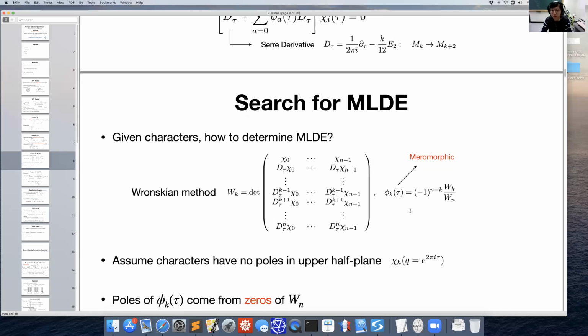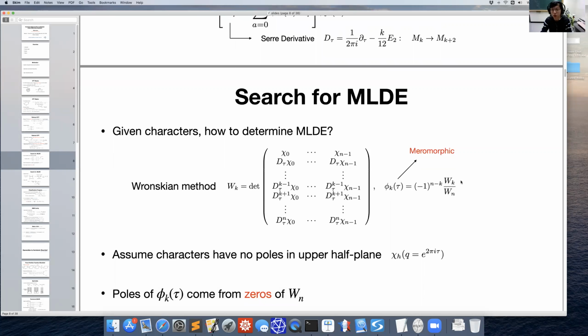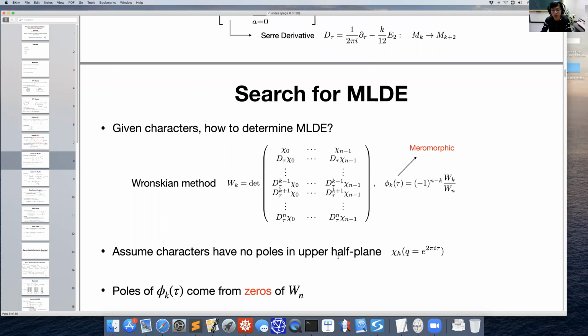So now let's examine more carefully the poles of this expression. First of all, let's assume that the characters have no poles in the upper half plane, so the chi_i have no poles. This is reasonable because we know that the chi's are power series in q, which is e to the 2 pi i tau. So if tau is in the upper half plane, this factor is exponentially small.